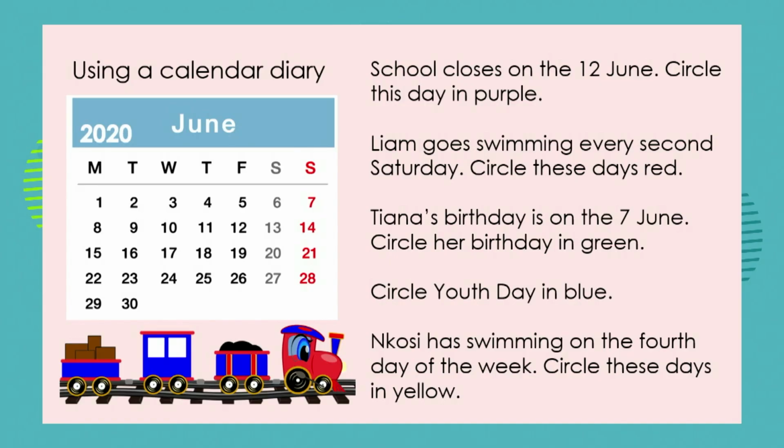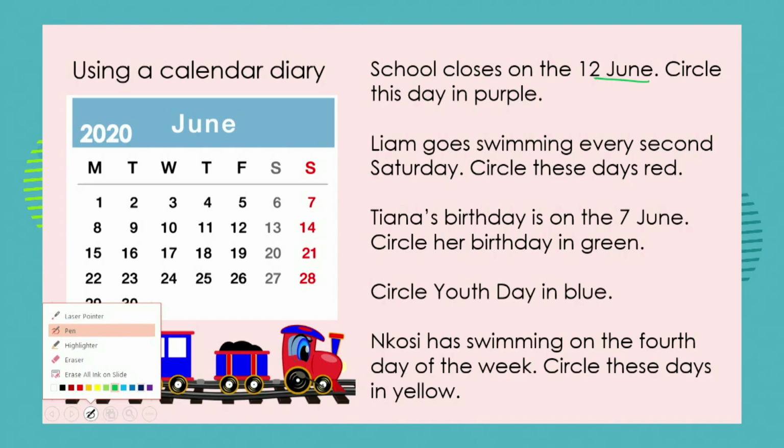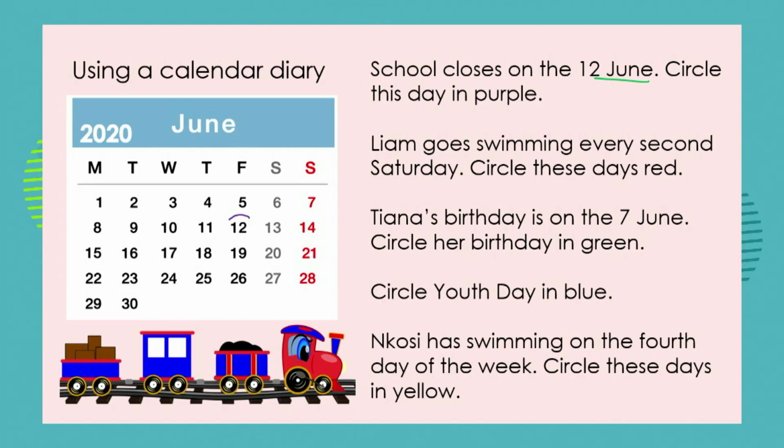Now let's use a calendar diary. School closes on the 12th of June, so we need to circle this day in purple. So if we look for the 12th, we can see that it is a Friday. The next question reads, Liam goes swimming every second Saturday. Circle these days red.